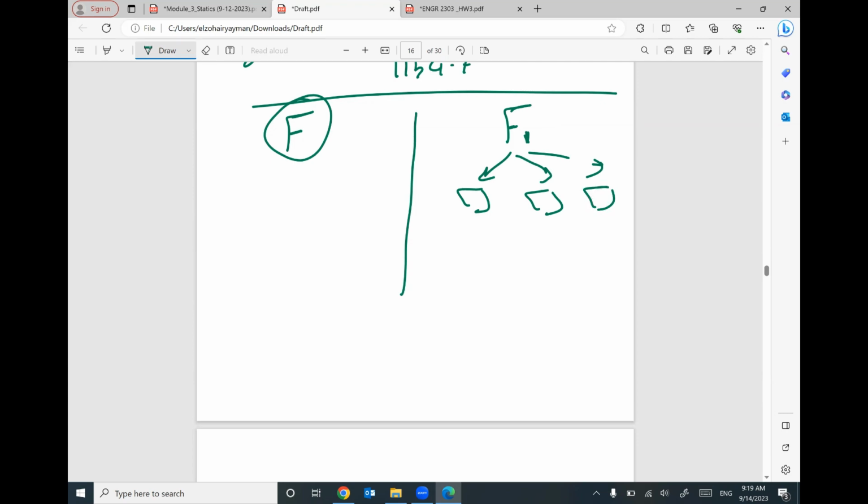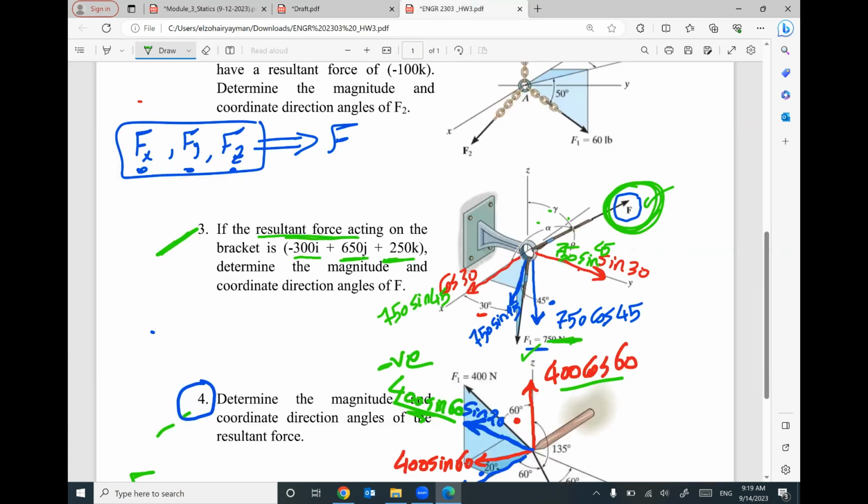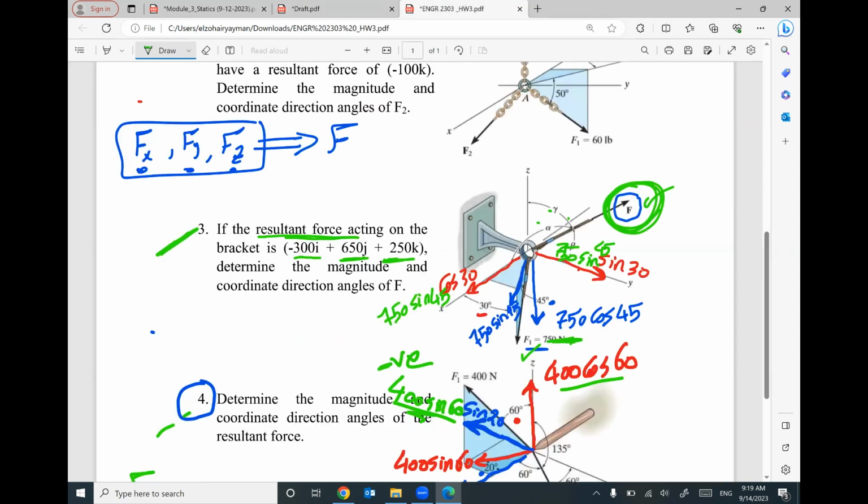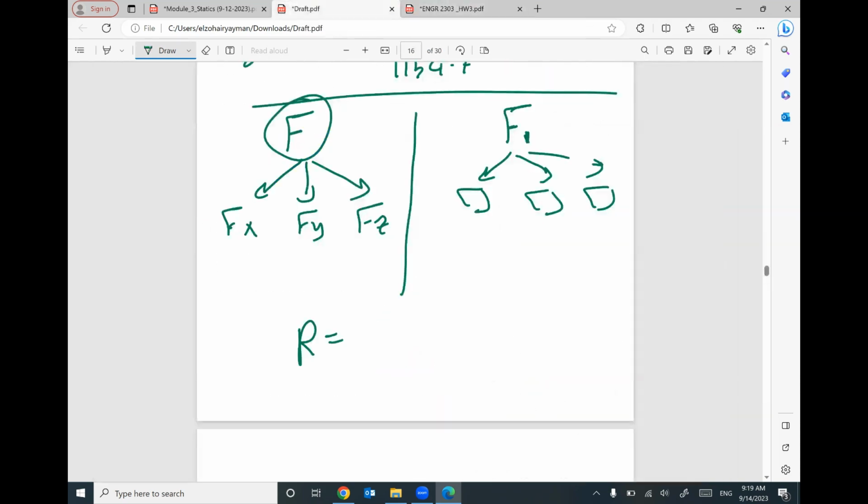But for F, nothing is given, so I can assume F has three components: Fx, Fy, Fz. Your resultant is given as this vector: negative 300i, positive 650j, positive 250k.